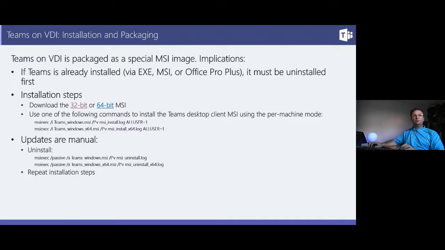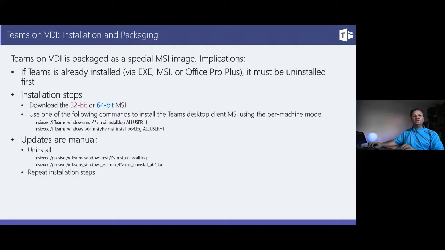For Teams deployment in a VDI environment, we recommend using the MSI client version and deploying the Teams MSI client as part of the VDI image. If the Teams client was previously installed as EXE or MSI or as part of Office Pro Plus, it must be uninstalled first.